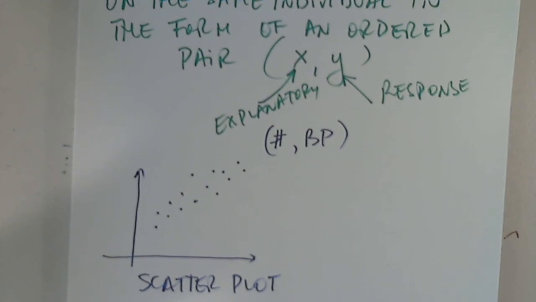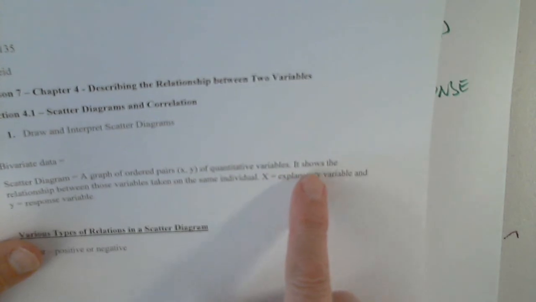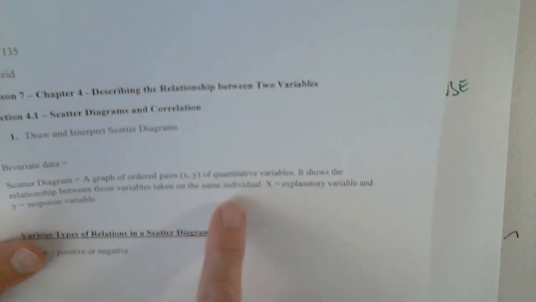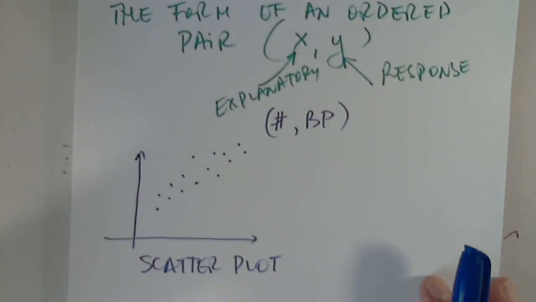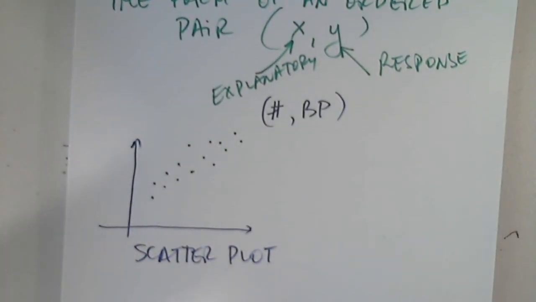So a scatter plot gives us some idea of a trend. So that's what I already put in here for you. A graph of ordered pairs, quantitative variables, of course. It shows the relationship between those variables taken on the same individual. Okay, so I'm going to just give you a few examples of different scatter plots.